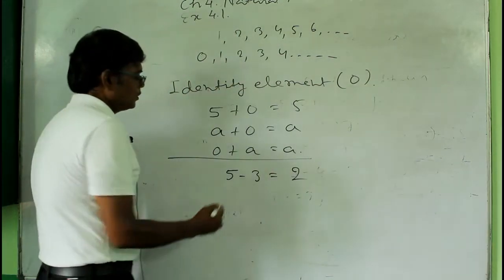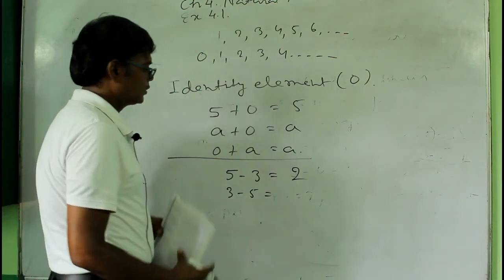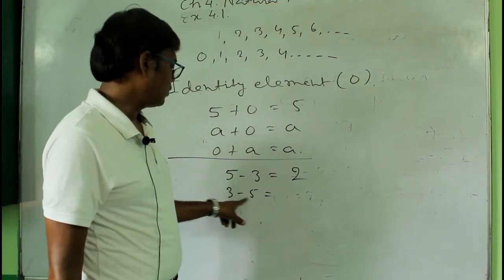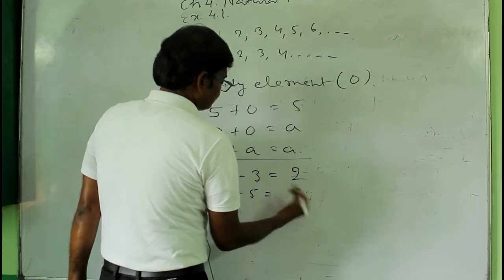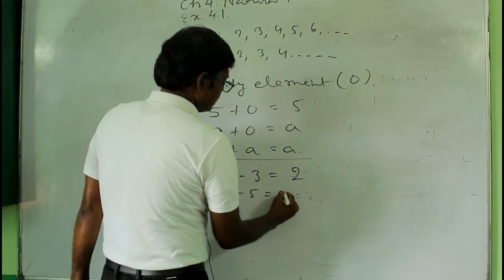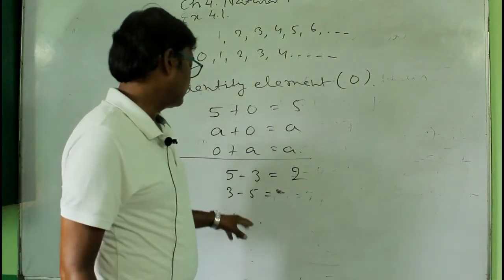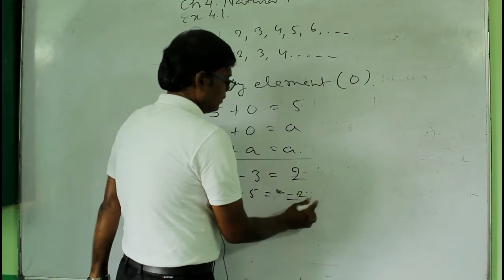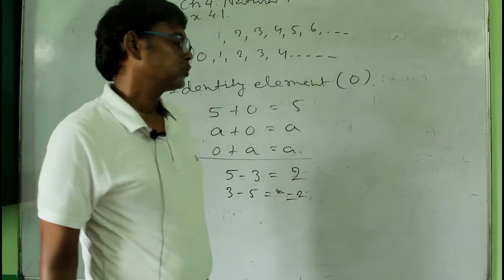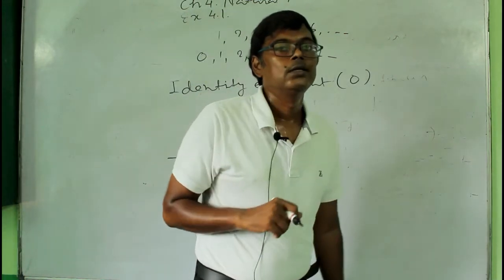But suppose you have 3 minus 5. What is the answer in this case? When you subtract 5 from 3, we will not get any whole number. The answer here will be minus 2, but minus 2 is not a whole number, so the closure property is not valid for the subtraction.